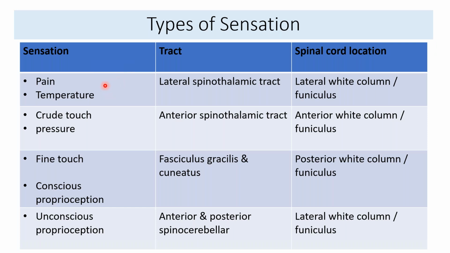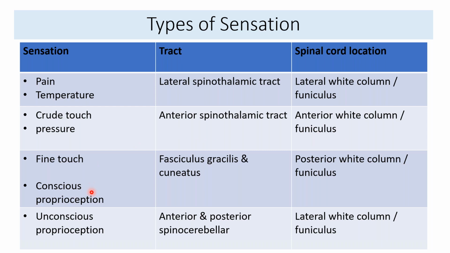Pain and temperature, we have seen, were carried by the free nerve endings. They are going to ascend up into an ascending tract, and the name of that tract is the lateral spinothalamic tract. Where exactly are they present? They are present in the lateral white funiculus or column. Similarly, the other sensations like crude touch and pressure are in the anterior spinothalamic tract, occupying the anterior white column.